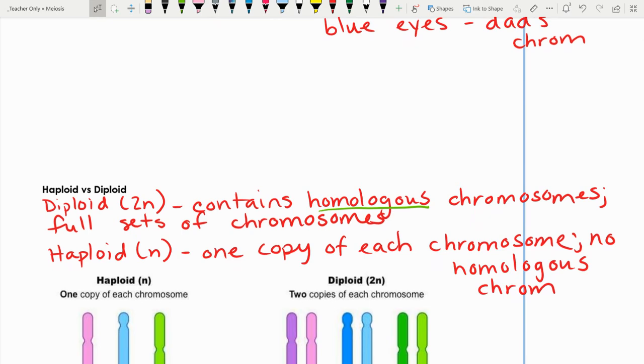Another term is haploid and diploid. For diploid, we use 2N to represent it. So 2N and diploid mean the same thing. It contains homologous chromosomes, and it is the full set of chromosomes. In humans, for example, 46 is 2N.